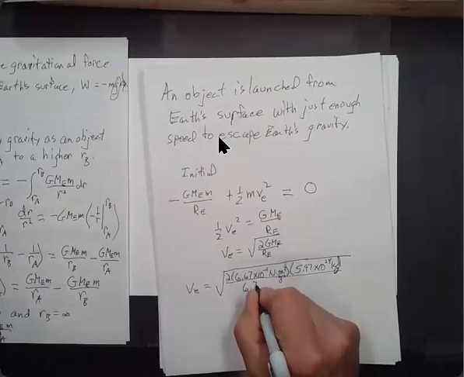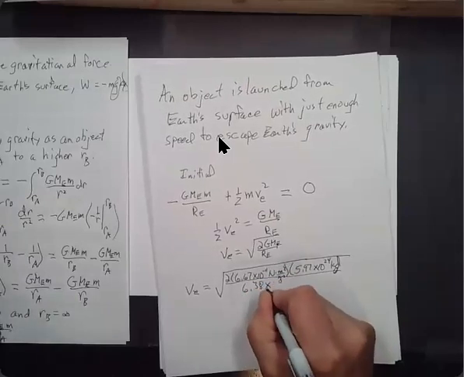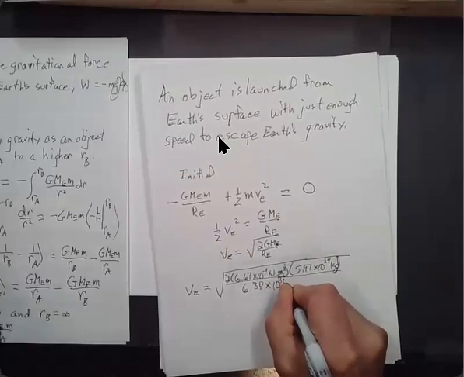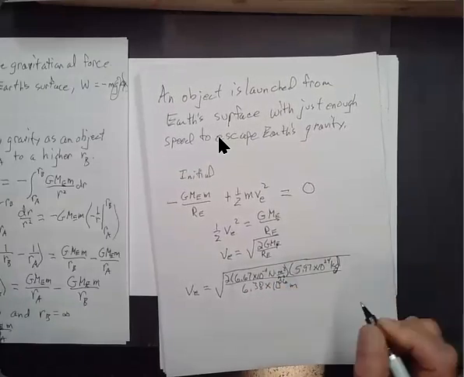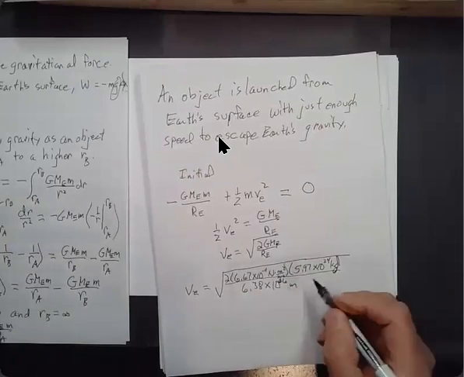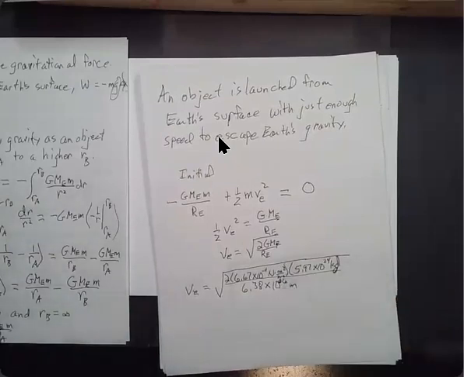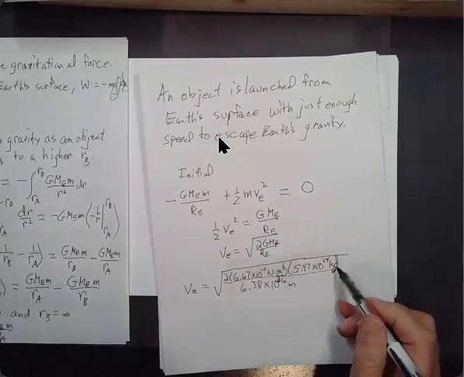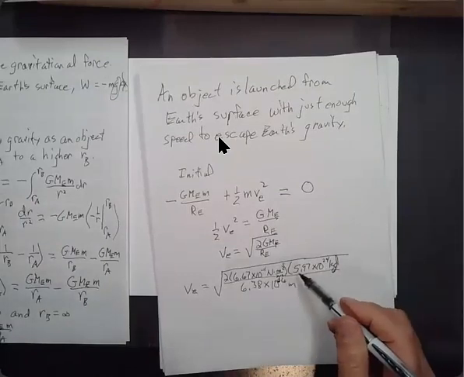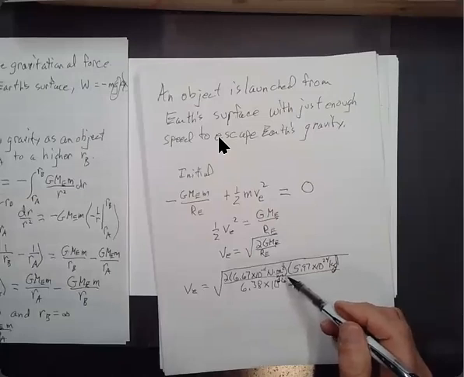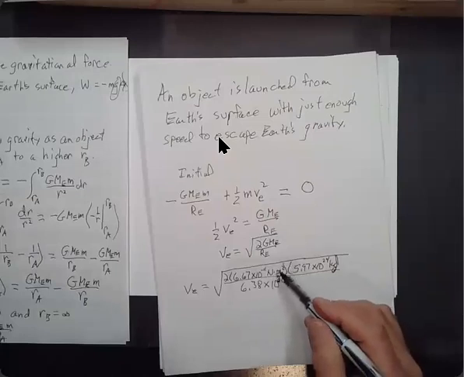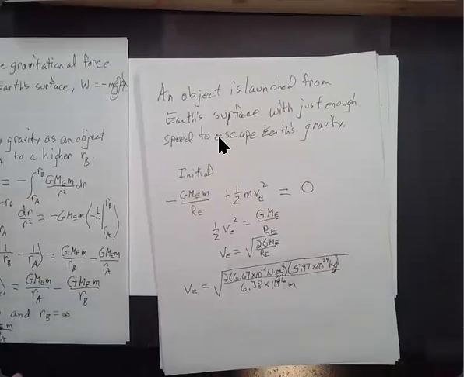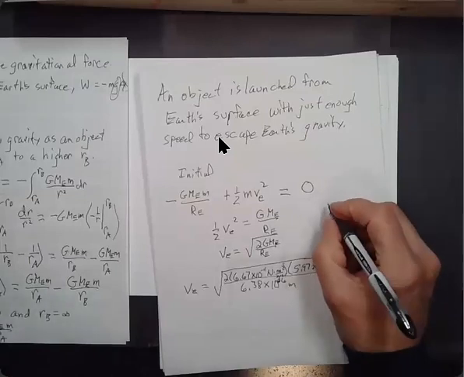Meters, where'd that come from? Oh, that's part of G. All right. Well, what are we going to get for units? Kilogram here, kilogram there, kilogram squared there, meter here, meter there. I'll have Newton meters per kilogram underneath.